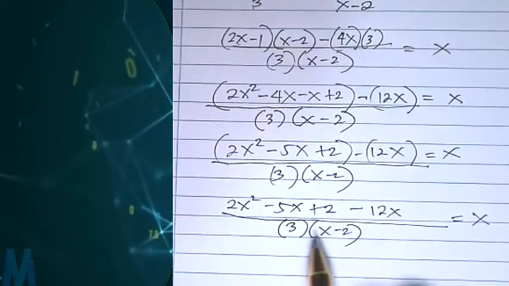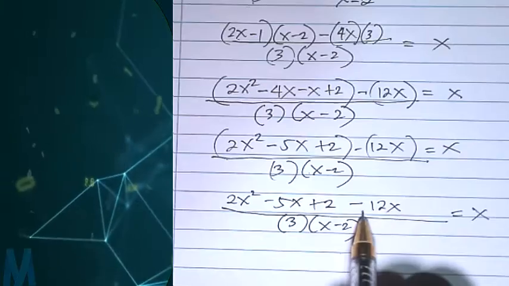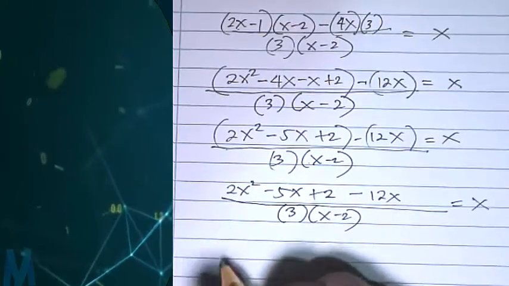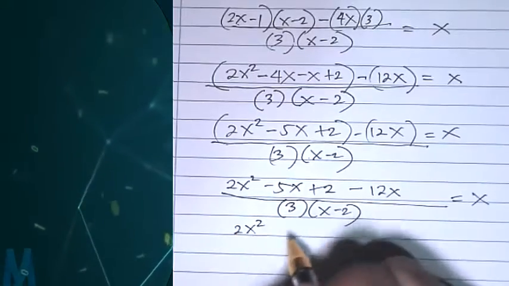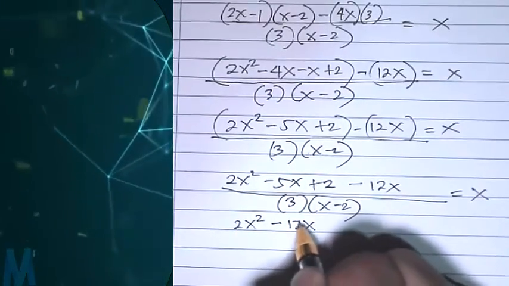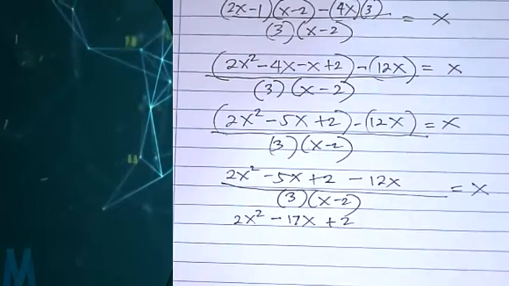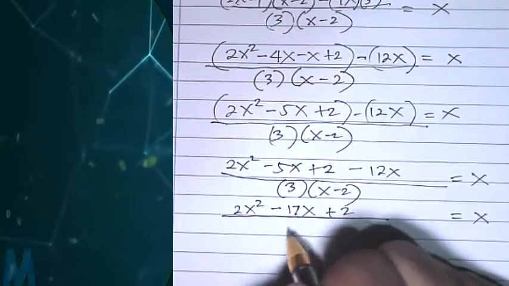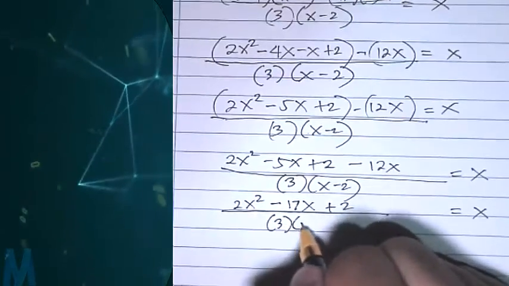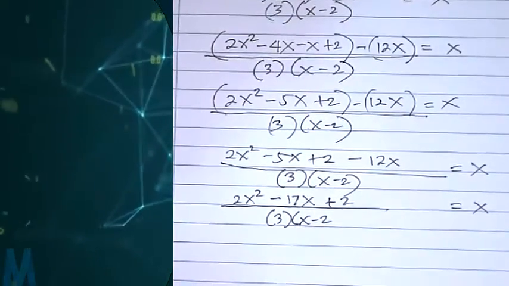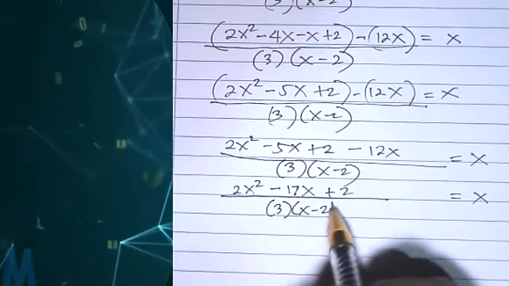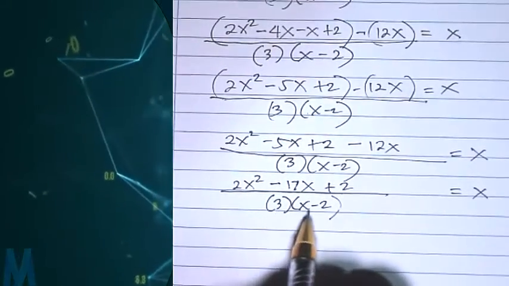Then we're going to combine here, negative 5 and negative 12. So that is 2x squared minus 17x plus 2 is equal to x over 3 times x minus 2. We are going to get rid of 3 times x minus 2.